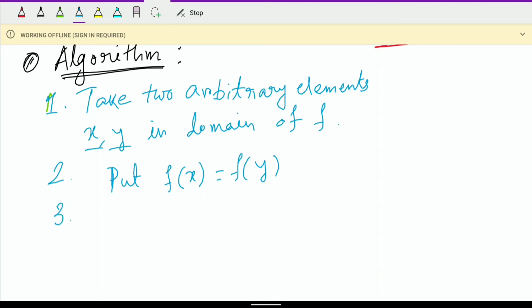Now our step 3 is solve f of x equals to f of y.